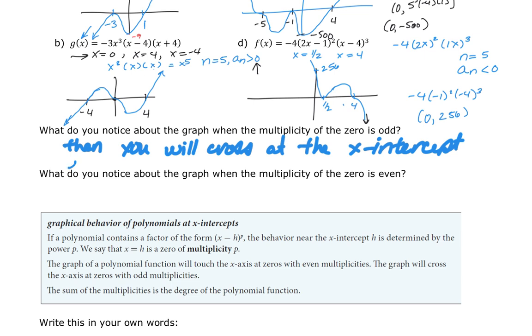So if, say, the multiplicity is 1, it'll cross like a line. If it's 3, it looks like a cubic at that intercept.